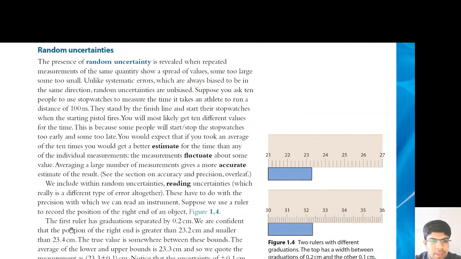So the first ruler has graduations separated by 0.2 centimeter. We are confident that the position of the right end is greater than 23.2 centimeter and smaller than 23.4 centimeter. The true value is somewhere between these bounds.